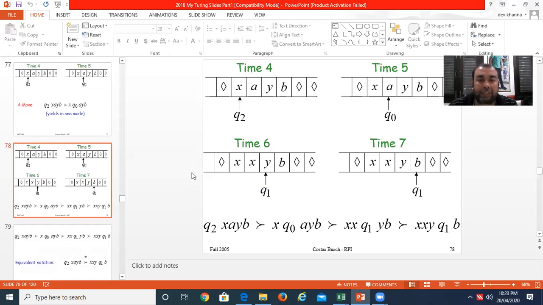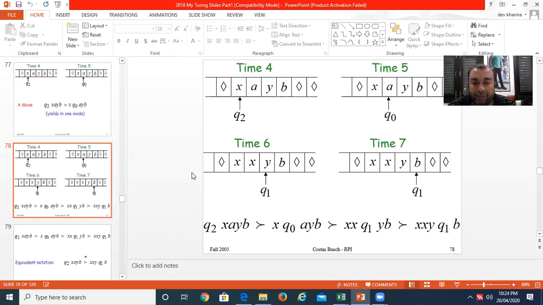Next, you can see there is time 4, time 5, time 6, time 7. Q2 X A Y B. At time 4, you are in state Q2, you are reading X from the input tape. X remains X, you switch Q2 to Q0 at time 5. And A remains, you are reading A. This A is converted into X, you move to the right hand side, and your state changes from Q0 to Q1 at time 6.